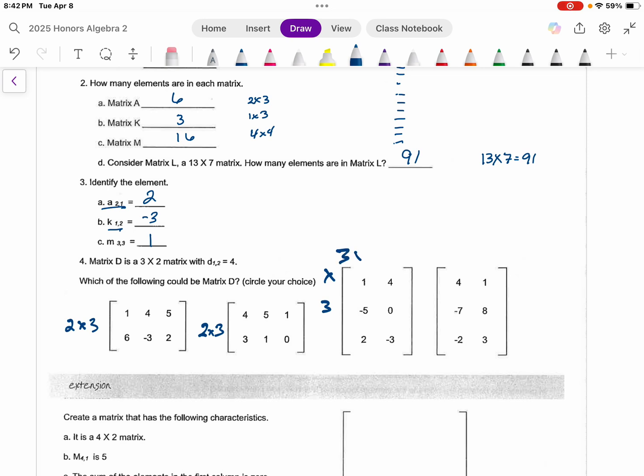This is a 3 by 2. And then we say, okay, in the first row, second column, there is a 4. First row, second column is a 4. So that's this one right here. This has got to be matrix D.